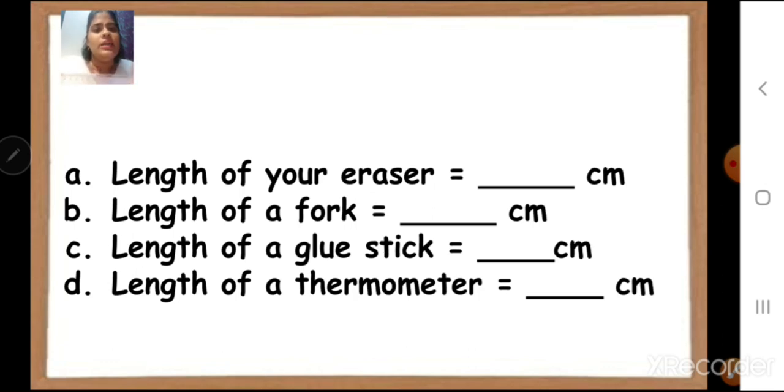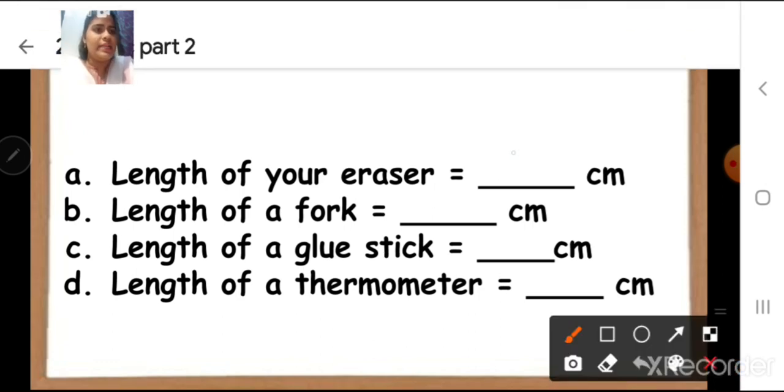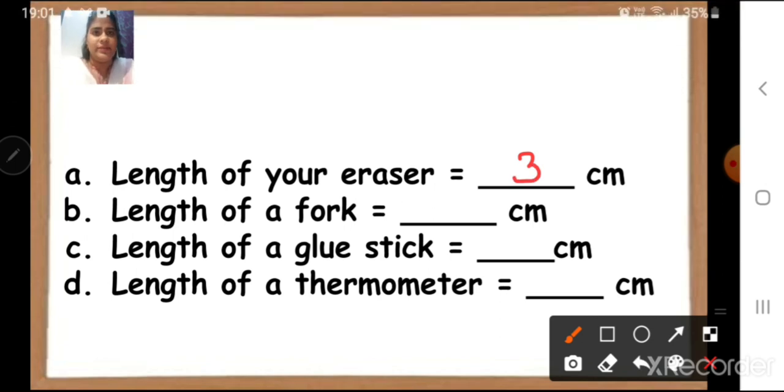Now A1 is length of your eraser. You can take the eraser in your hand and you have to measure it. When I am measuring the eraser, I got 3 centimeter. So I will write here 3 centimeter. Next is length of a fork. I have a fork with me and I'm going to measure it with my ruler.